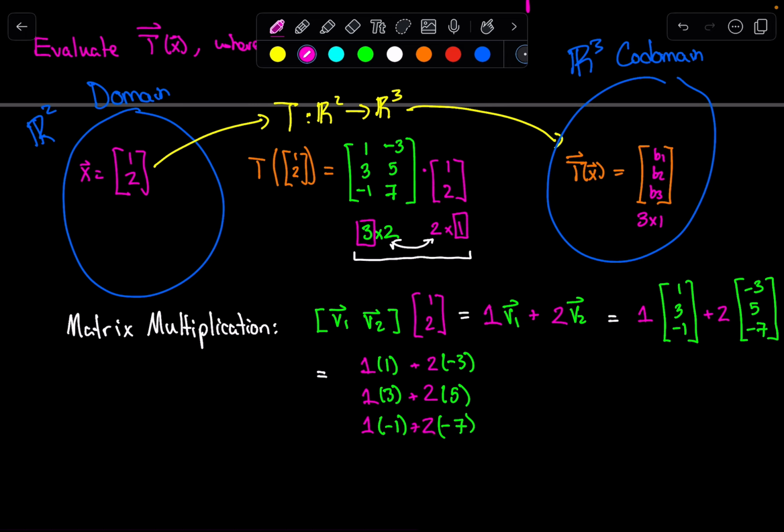Great. Awesome. And so something interesting that you may or may not notice here is that when I write it like this, what we will get is the exact same as if I had taken this row right here and done a dot product with this column right here, and that creates the first entry in this new vector.